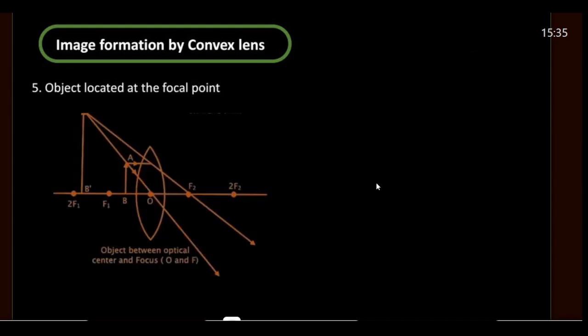Now we are moving the object from this position to the exact focal length position. So when we place the object at focus, it is the focal point we can consider, yes, also focus.